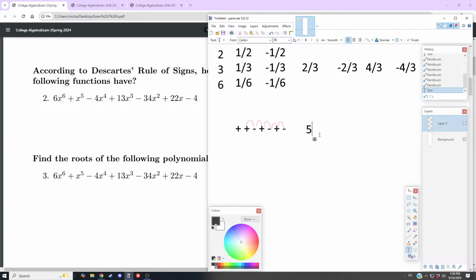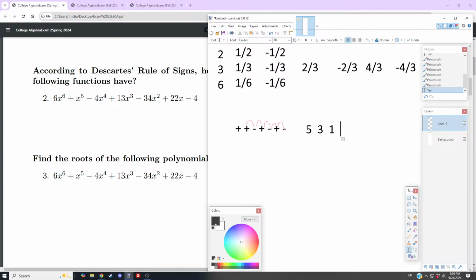5 minus 2 is 3. 5 minus 4 is 1. And if I try any other non-negative even numbers, then I get a number that doesn't work.